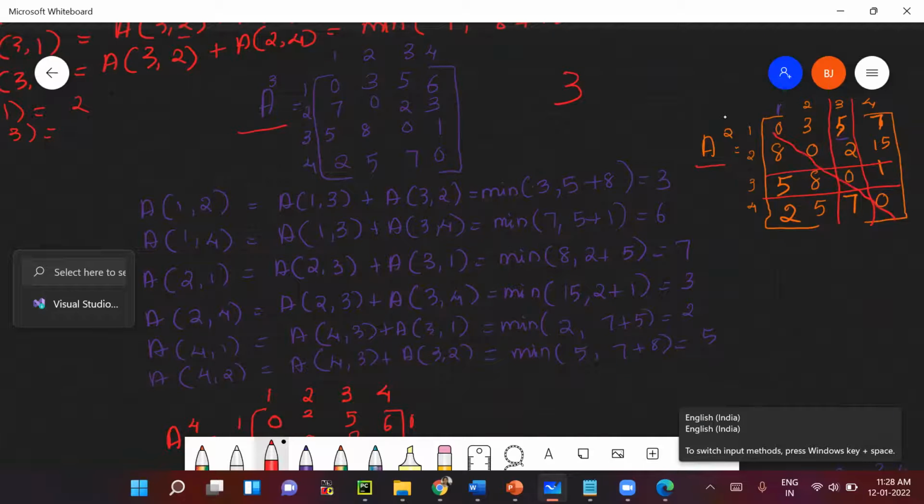Whatever is left out, you will be calculating, which are the cells A of 1,2, A of 1,4, A of 2,1, 2,4, 4,1 and 4,2. So those values we will be updating.